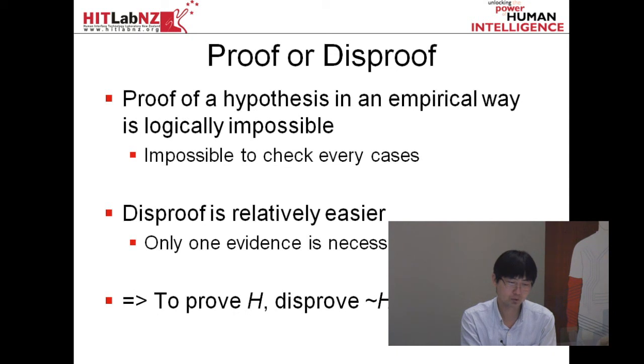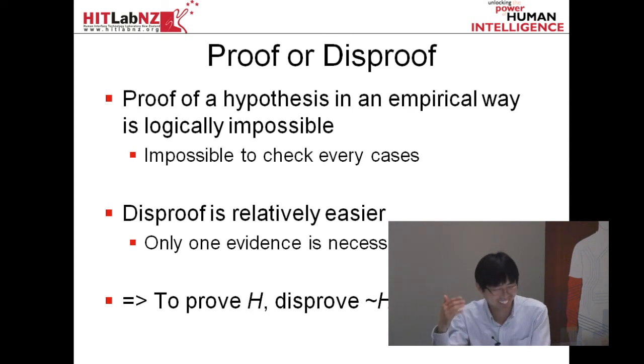Now, proving and disproving the hypothesis. If you need to prove something in an empirical way, if you think a little bit about it, you can easily see it's logically impossible. For instance, let's say you want to prove that all Koreans have black hair.